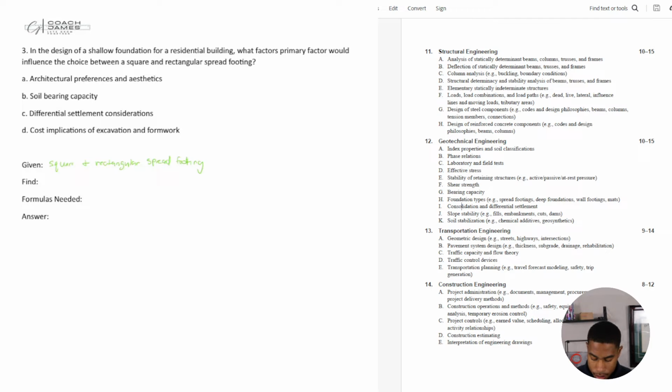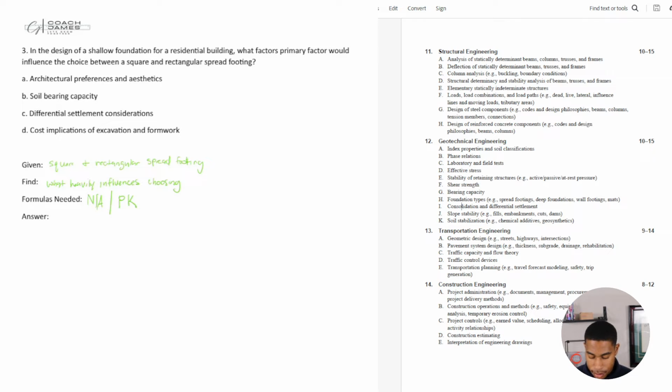We're trying to find what primary factor would heavily influence choosing between your square and rectangle. Okay, so no formula is needed, but you will need some prior knowledge, some PK.